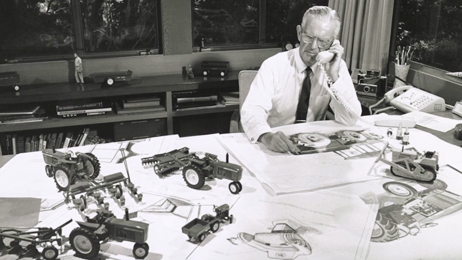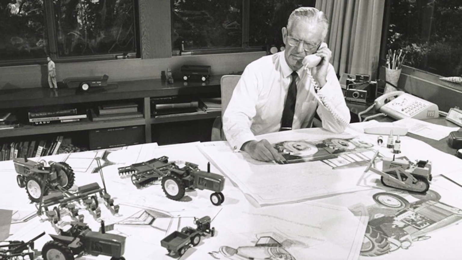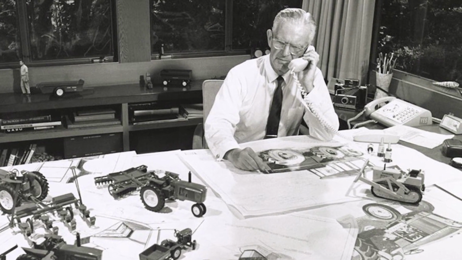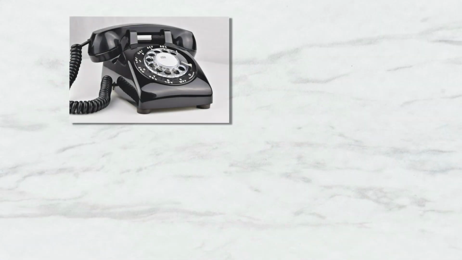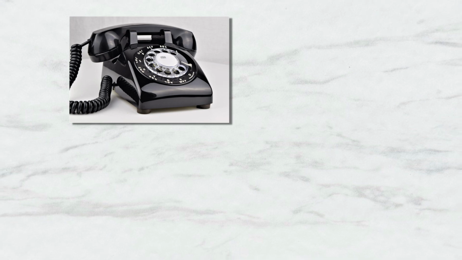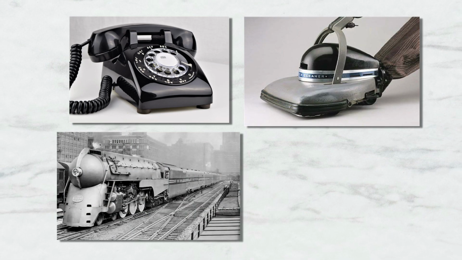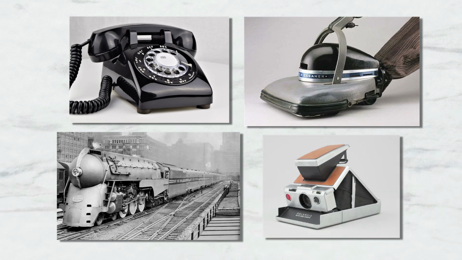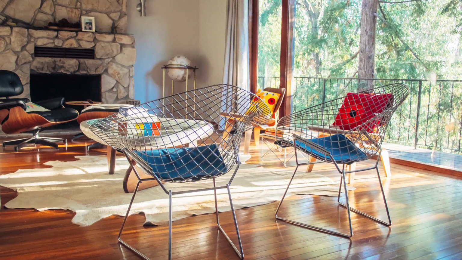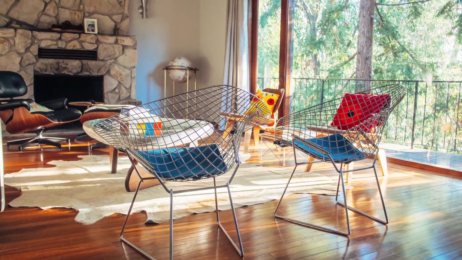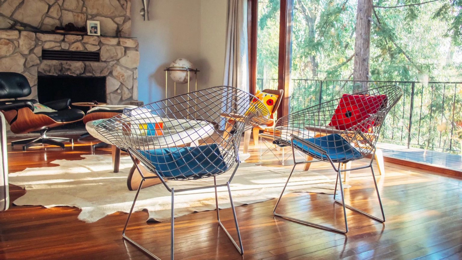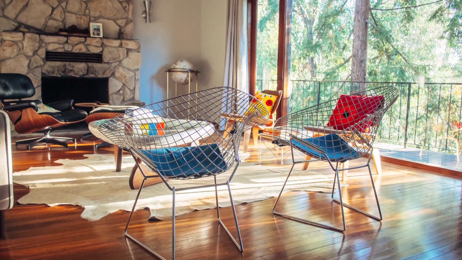Dreyfuss was also responsible for many of the most famous utilitarian objects of this era, including the Western Electric Model 500 telephone, the Hoover vacuum, the 20th century limited locomotive, and the Polaroid land camera, all of which incorporated modern streamlined design.